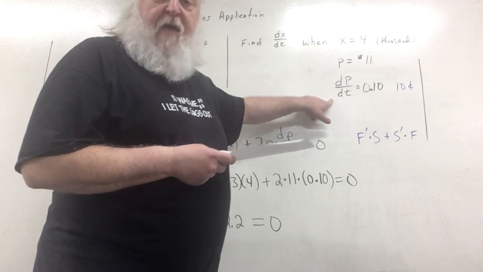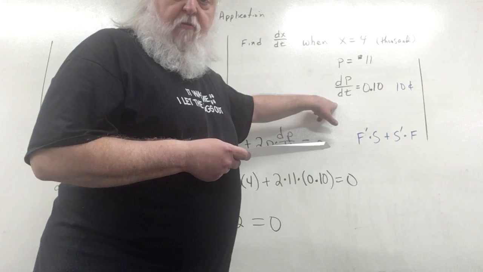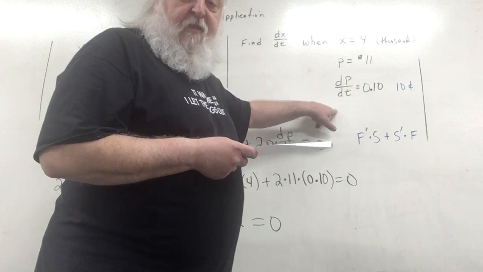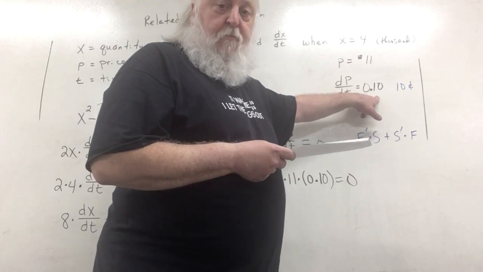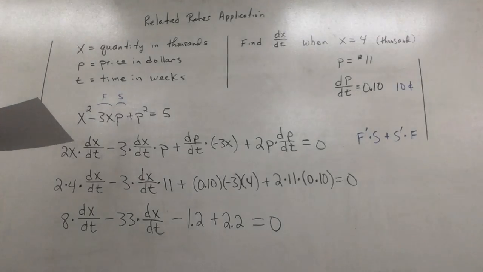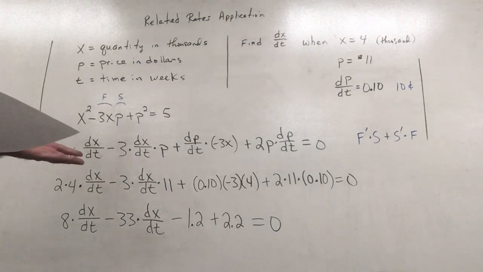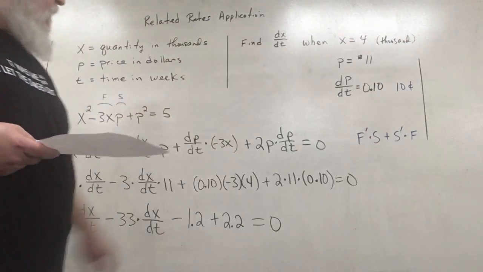So we're given how fast the price of each drive is increasing, 10 cents per drive per week. All right, so we know x, we know p, we know dp over dt. We have to figure out dx over dt.